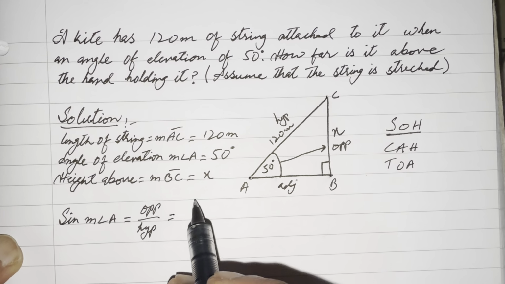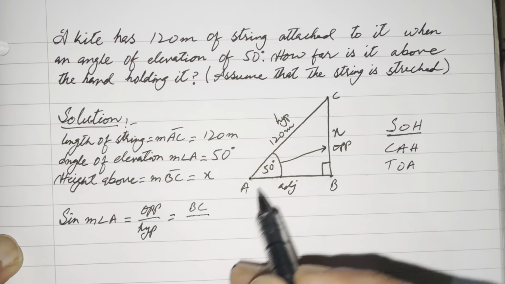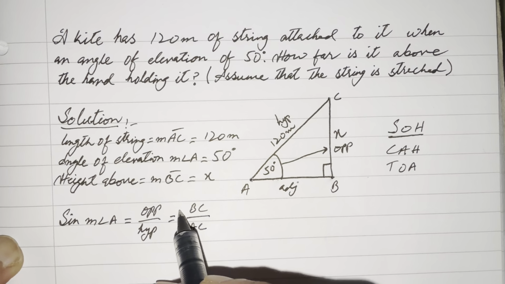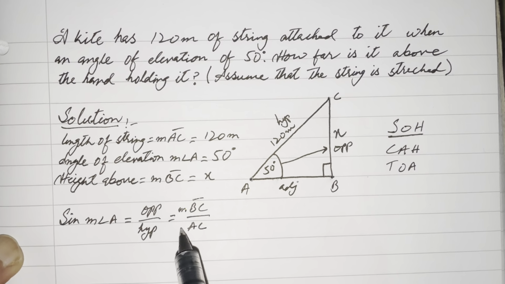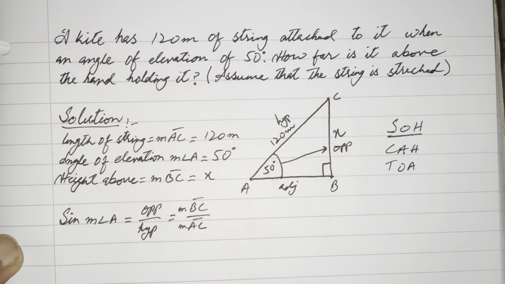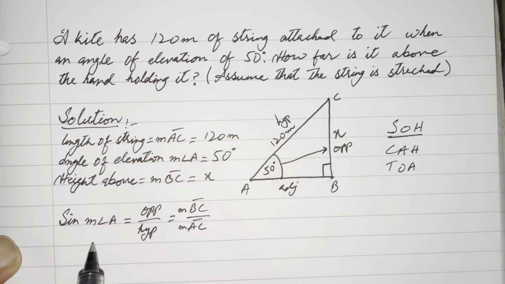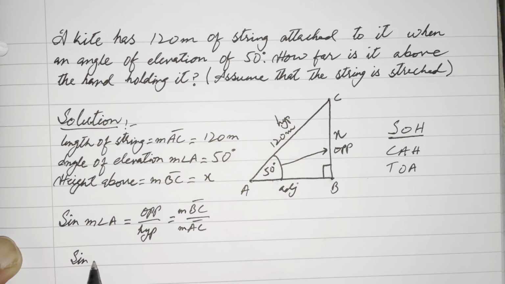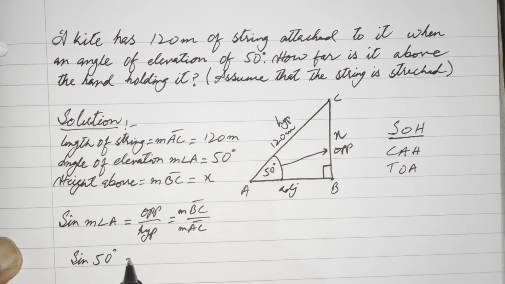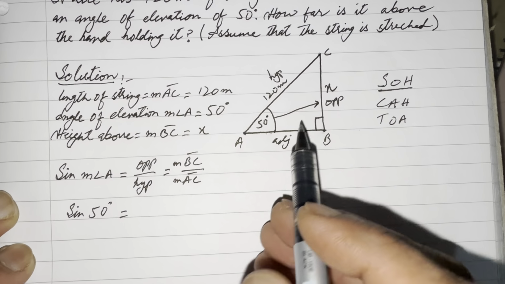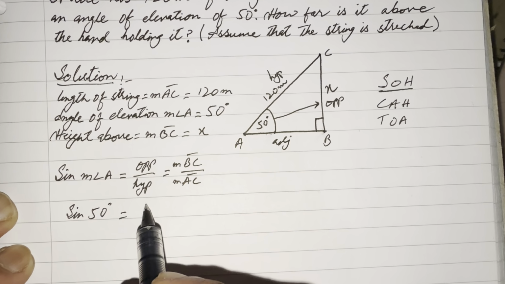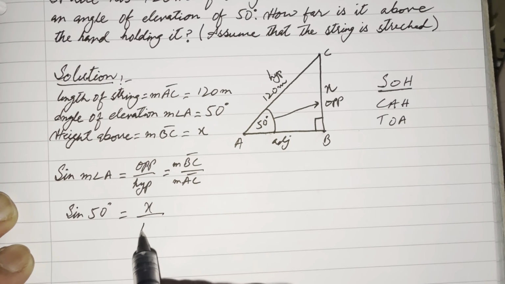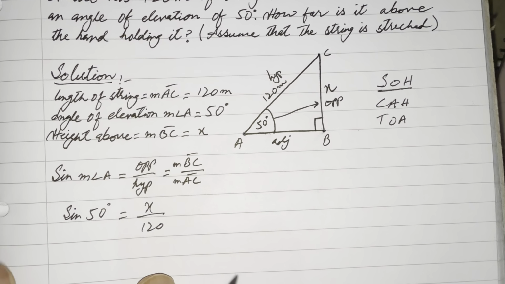Opposite is BC divided by AC, the hypotenuse, or you can say the measure of BC and the measure of AC. Now by putting in the values, sine of angle A, which is sine 50, is equal to opposite, x, divided by hypotenuse AC, which is 120 meters.